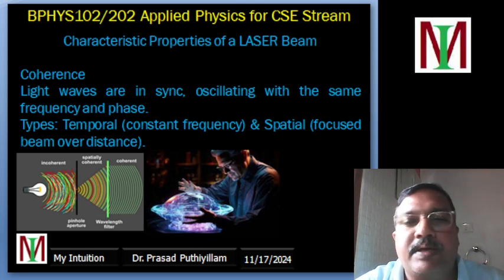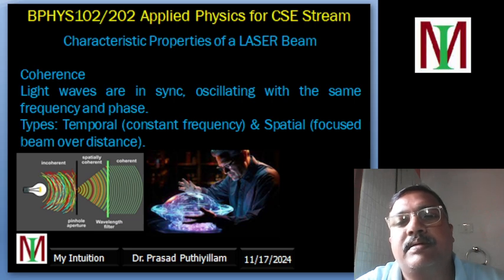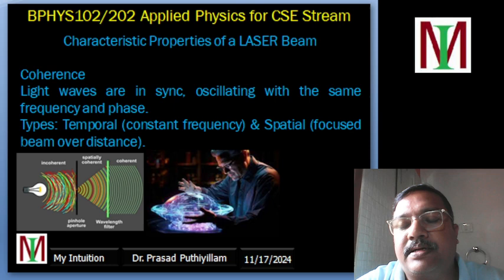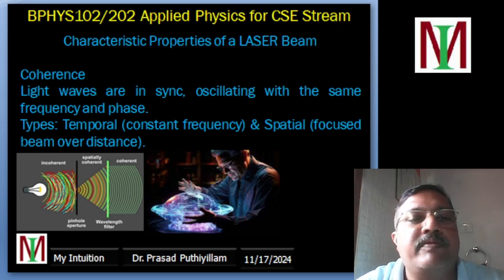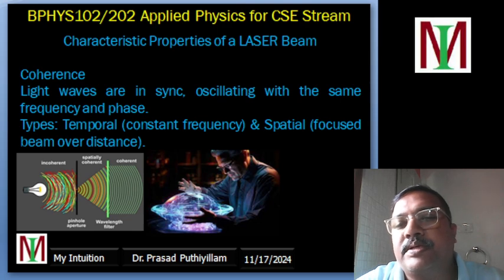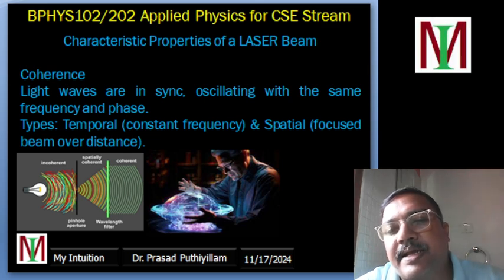The term laser stands for light amplification by stimulated emission of radiation. So it is a device which generates light through a very specific process.